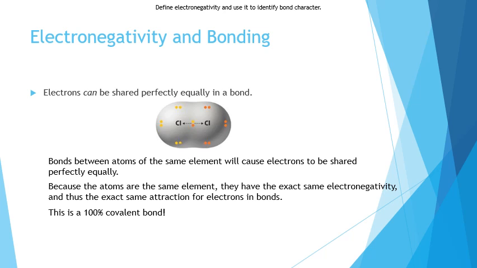Those values are rounded to the tenth place. So even though you might see two values that do appear to be the same, they are not identical in their electronegativities. So while the electrons between those atoms might be shared very equally, they would not be shared perfectly equally, and thus we would only get a 100% covalent bond when we are bonding atoms of the same element.